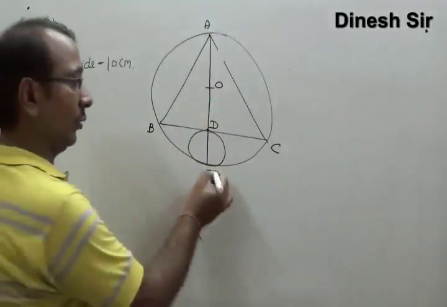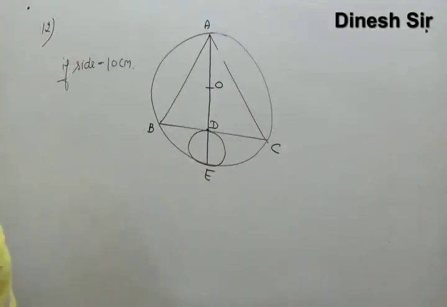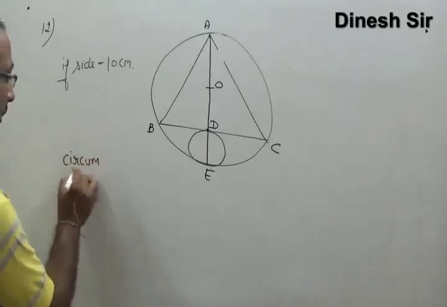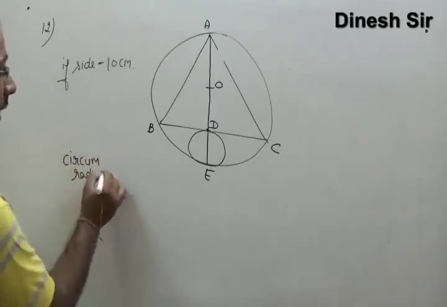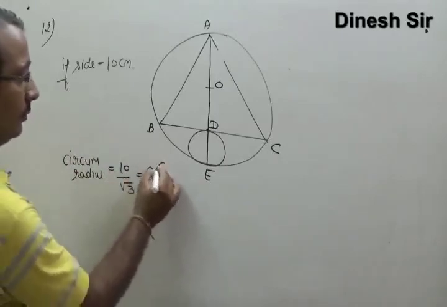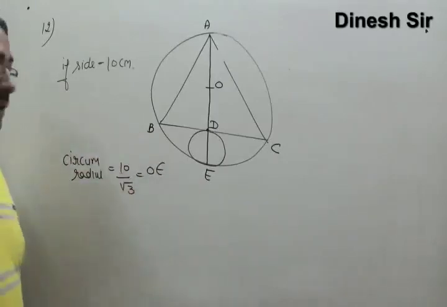If I take this point to be E, the first step, because the side of the equilateral triangle is 10 centimeter, I can find the circumradius of the equilateral triangle. The formula for circumradius is a upon root 3, that is 10 upon root 3, which would be equal to OE.